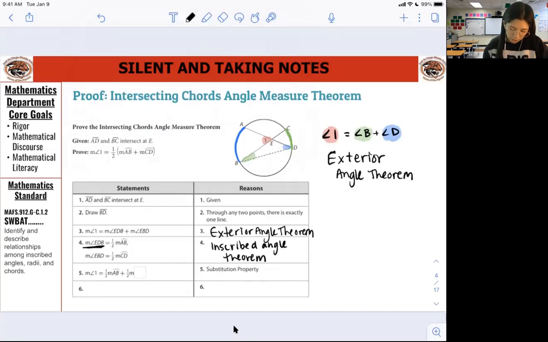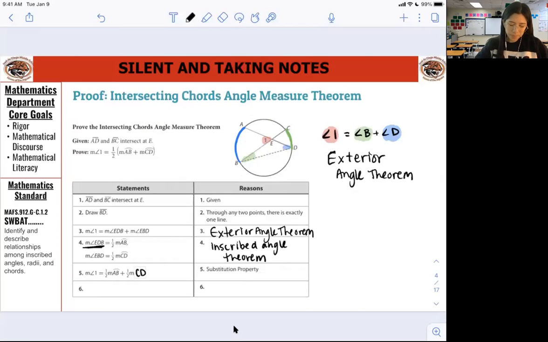Okay, and then they're saying angle 1 is equal to half of AB plus half of what? CD.